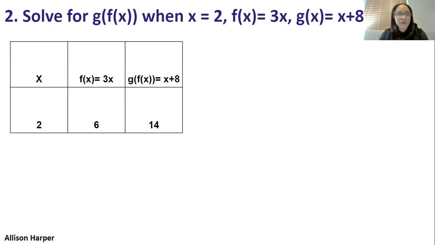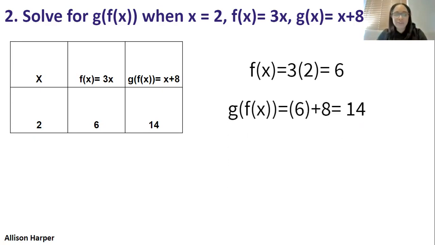I'm going to start with my f of x function and plug my 2 in. So that is 3 times 2, which gives 6. And then I'm going to take my 6 and plug it into my g of f of x function. So 6 plus 8 is 14.